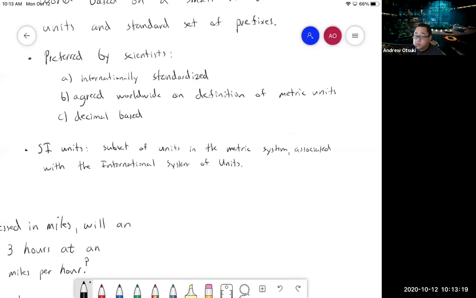What these units do is describe base units that serve as fundamental definitions. Okay, so next we'll go into what are the metric units.